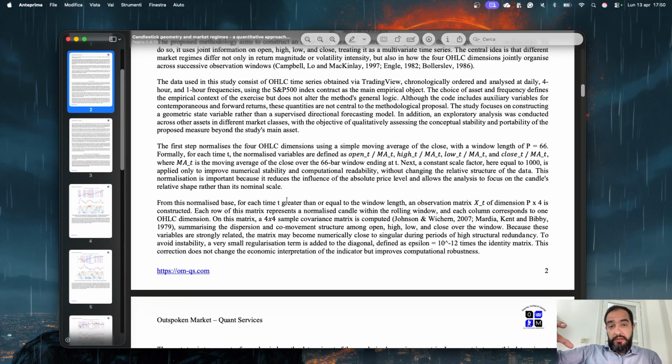With that information of the open, high, low, and close from the securities, I do some calculations that are explained here, but the main idea is I will come out with a 4 by 4 matrix that will be the covariance of those data points, like the opening and the moving average and all the rest that is explained. And from that, I will get the determinant.